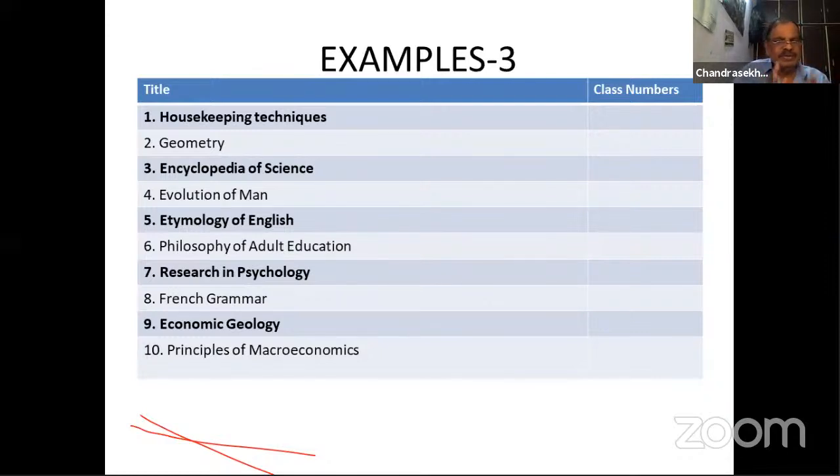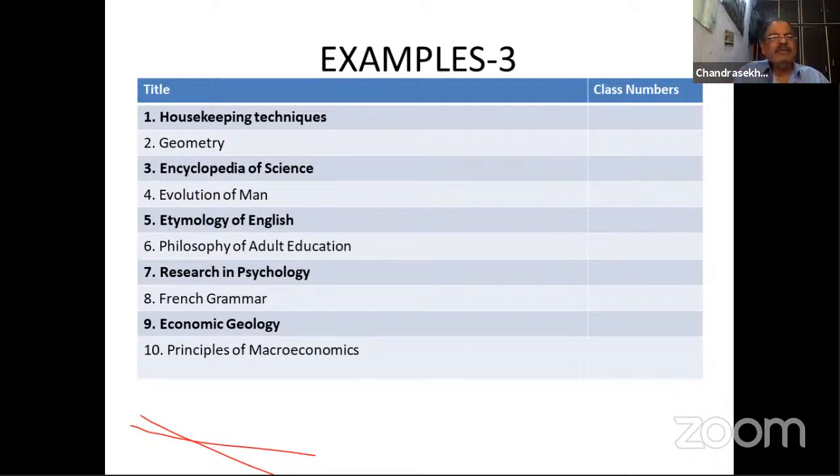So your way of constructing the number is correct. But what Melvil Dewey has done is to reduce the numbers, since the number should be as short as possible. You learn the characteristics of notation. In any classification, notation should be as simple, as short, and as brief as possible.